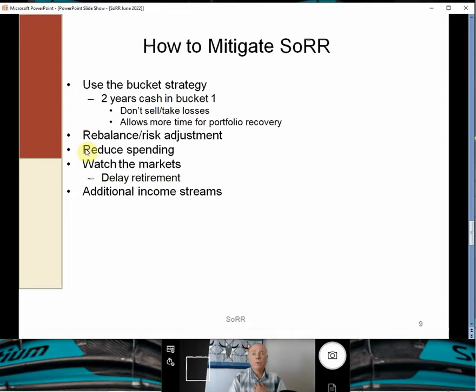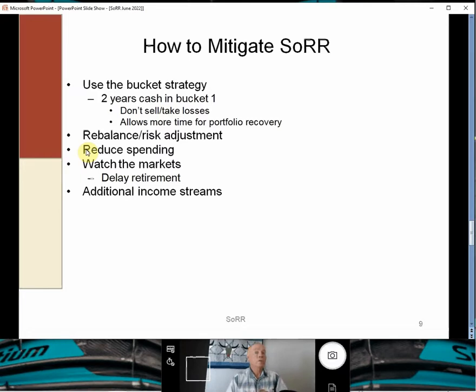Another thing you can do is you can reduce your spending. If you're in a period of time like we are now where we're losing money in our investments, well, cut back on your spending, maybe your discretionary spending. When me and my wife retired, we were in a period where actually markets were doing well, but we were so new to retirement that I think we only spent 3.5%. We really didn't even do 4%.